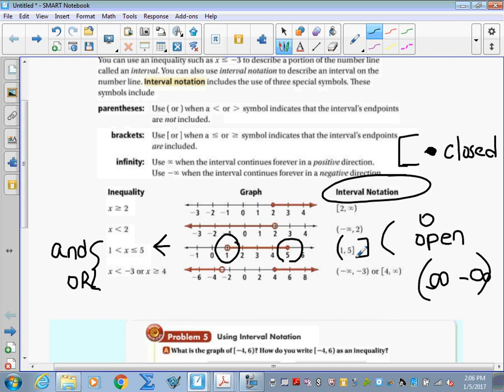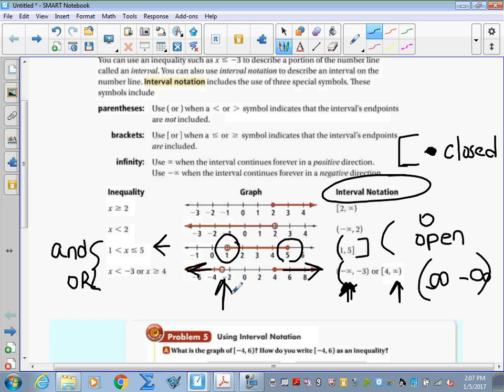Okay, now look at an OR statement. How would you do that? Because you know how sometimes you have to keep on going forever and ever. Those are your infinity symbols. See how this one starts off going to negative infinity? And remember, we never close infinity, so that's why you see the parenthesis.